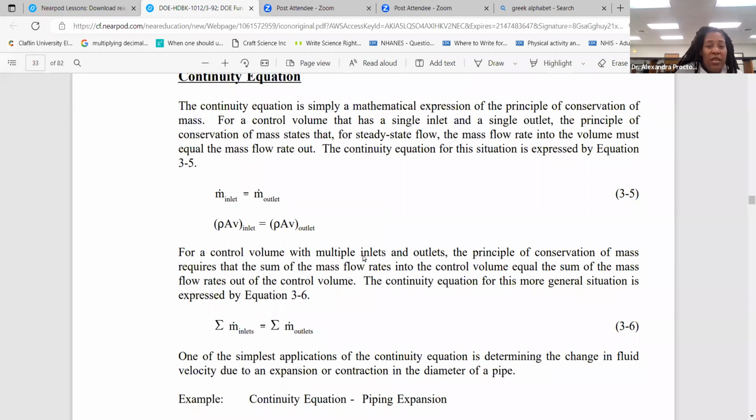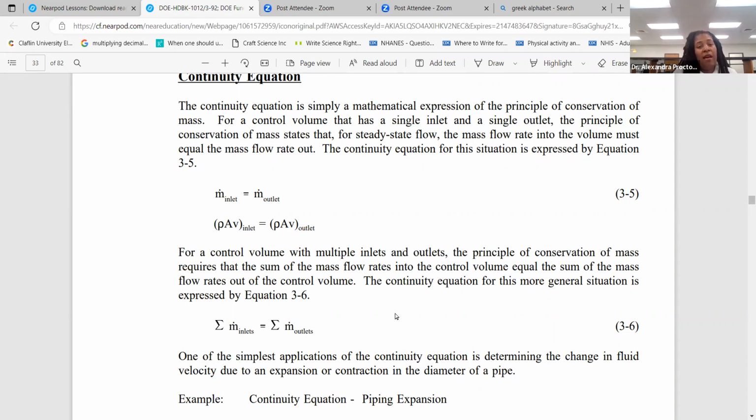So the continuity equation for this situation is M inlet is equal to M outlet. You can substitute for the M's, so you can substitute in rho A V inlet is equal to rho A V outlet.